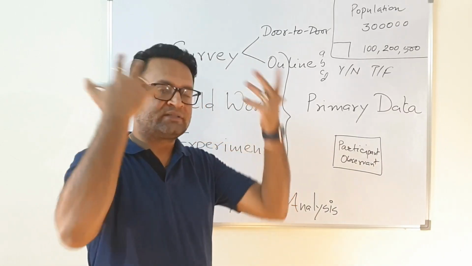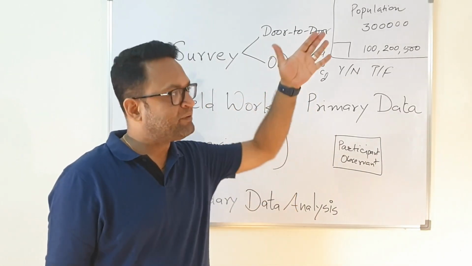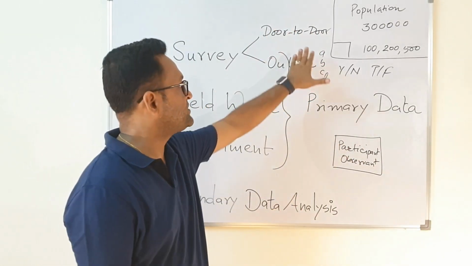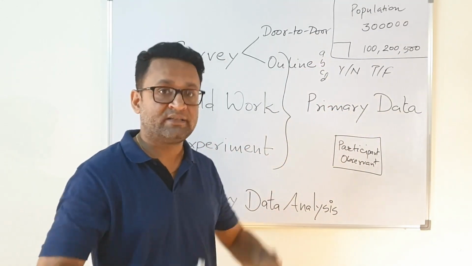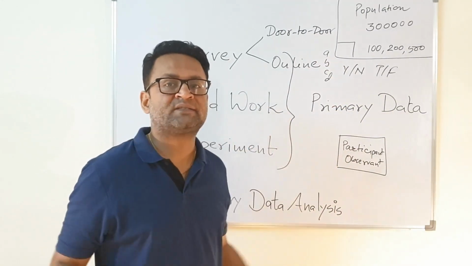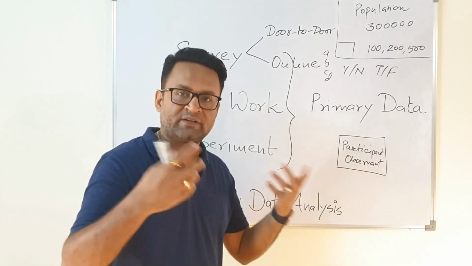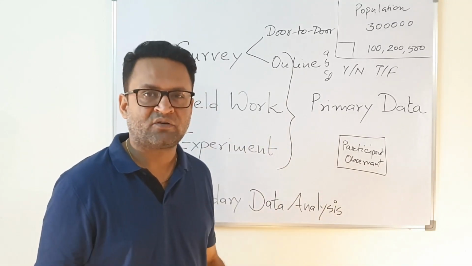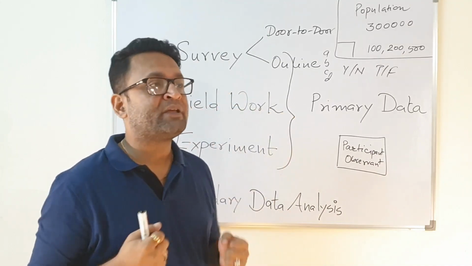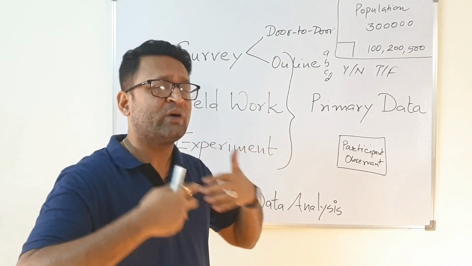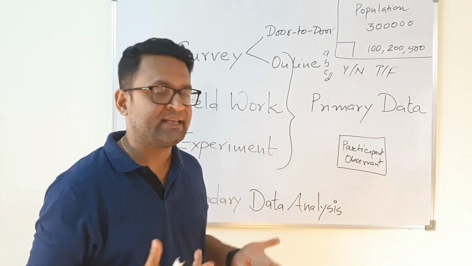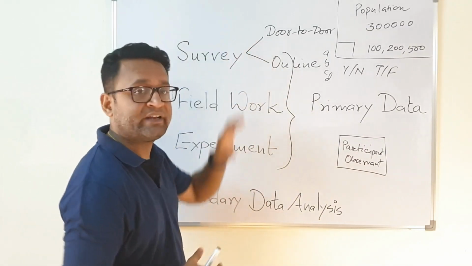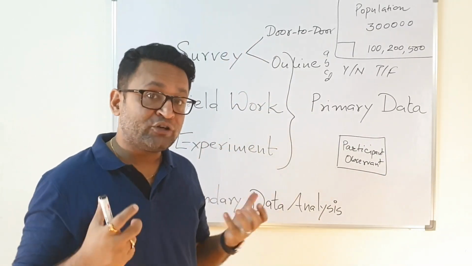Because you yourself are having certain things in your mind, and because of that you have provided certain kind of options to them, because it is easy to chart, easy to use, say like SPSS software which people are using. So if you are using SPSS or some other kind of software to collect the data, and after that you are analyzing it, these methods are very helpful, but then it is not going to give you the real picture.